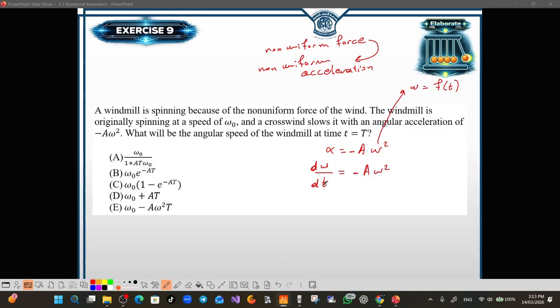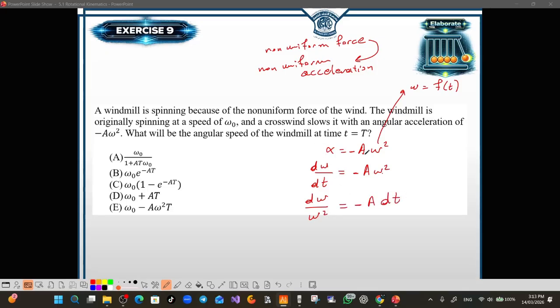Now we're going to separate the omega from this side and the dt from that side. So we're going to exchange between omega squared and dt. So it becomes d omega. This is division, it becomes multiplication. And this is division, it becomes multiplication on the other hand side.